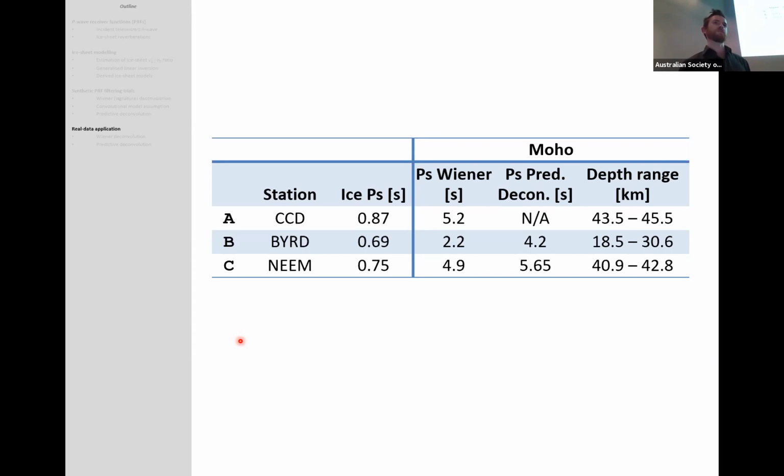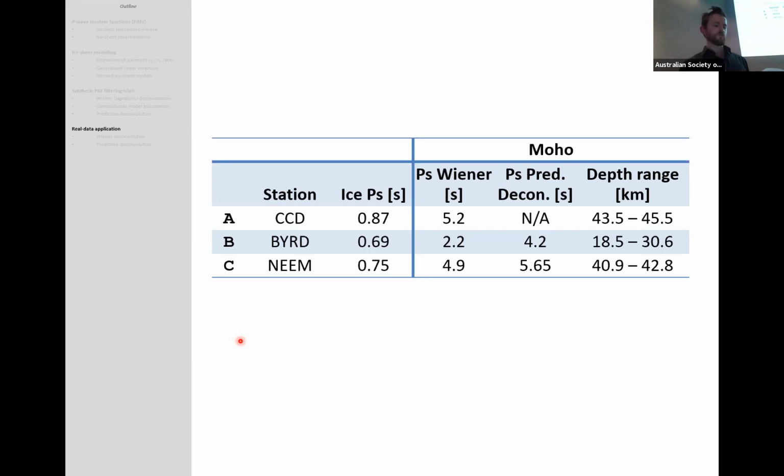So that was interesting. And the Eamon results in Greenland just agreed perfectly, so I've given a rough estimate there. I based it off an interpolation map, and that was within a 40 kilometer to 43 kilometer depth range, which was kind of exciting.